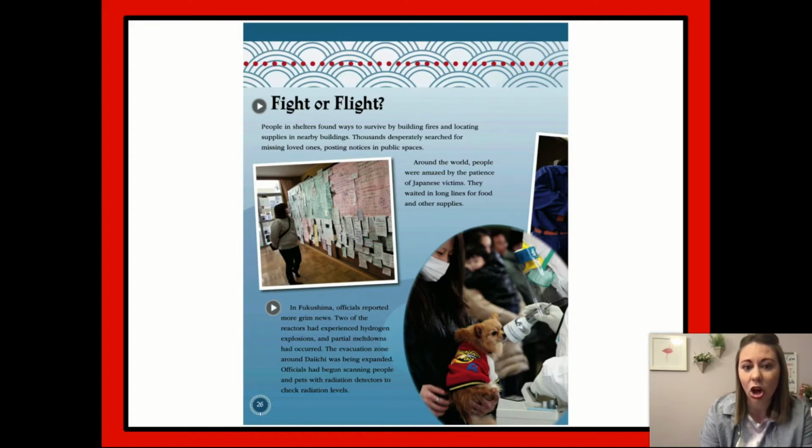They waited in long lines for food and other supplies. In Fukushima, officials reported more grim news. Two of the reactors had experienced hydrogen explosions and partial meltdowns had occurred. The evacuation zone around Daiichi was being expanded. Officials had begun screening people and pets with radiation detectors to check for radiation levels.